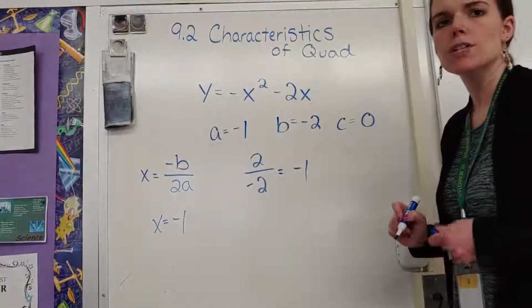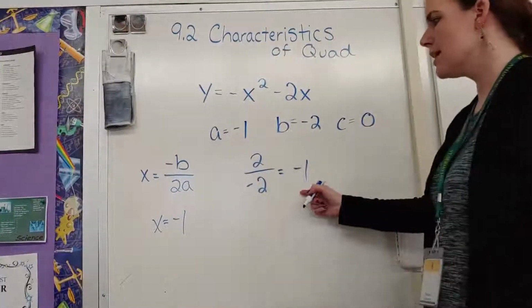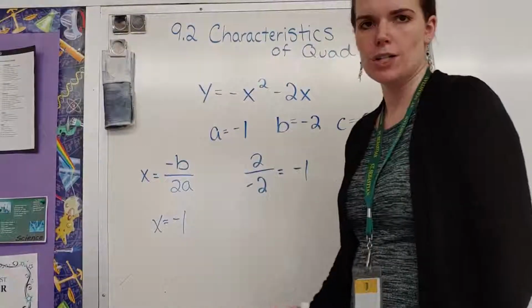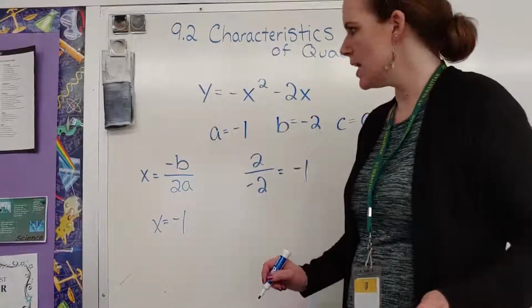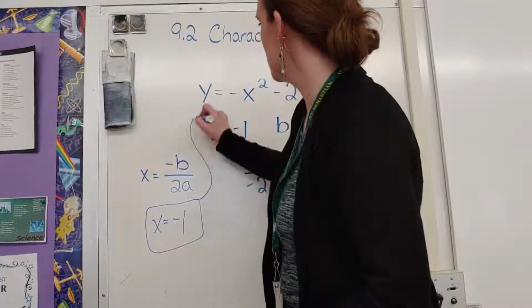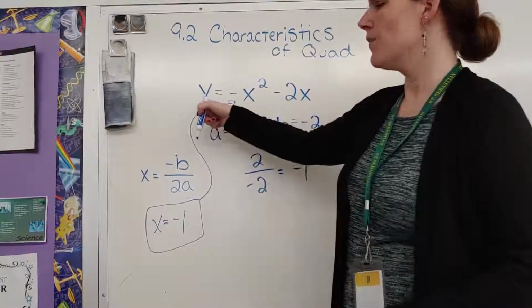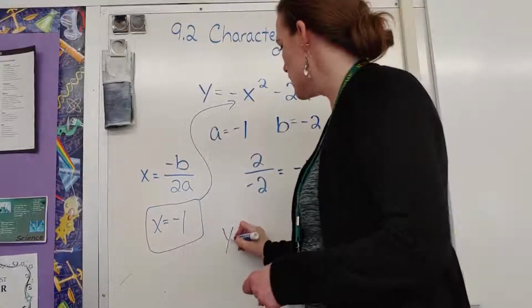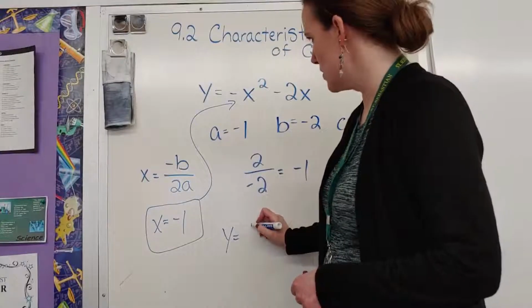Now, as you know, a vertex is a point. So your vertex isn't just negative 1. That is the x value of the vertex. But once you know the x value of the vertex, you can take that answer and plug it in for x to find your y.